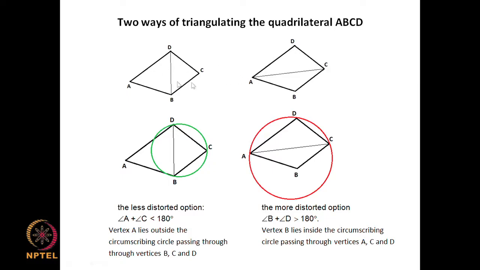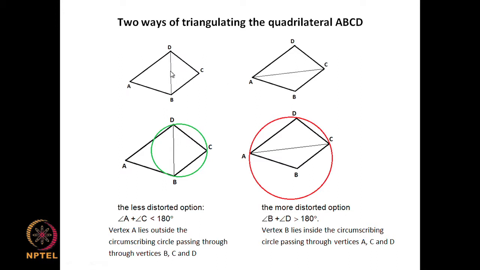Of these two possibilities, we can see that you have a long edge here and you have a much shorter edge here. So that means that this particular configuration has larger aspect ratio than this particular configuration. So this should be preferred as opposed to this.